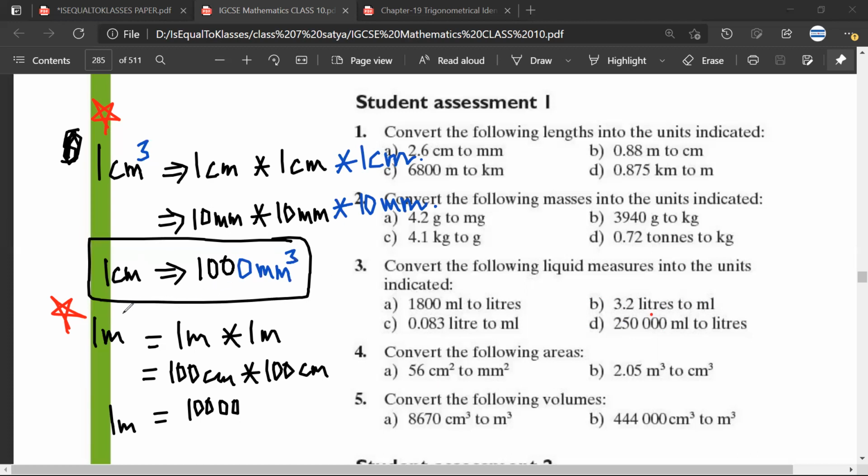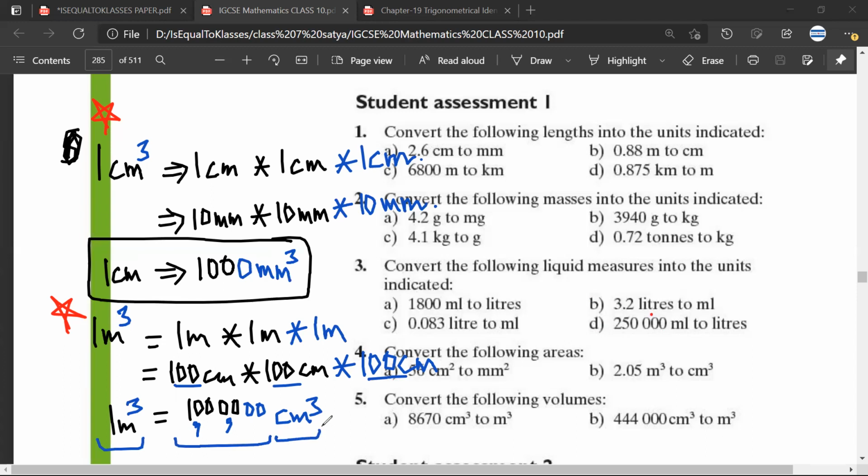Similarly, if I have 1 meter cube, 1 meter cube is 1 meter into 1 meter into 1 meter, which is equal to 100 centimeter into 100 centimeter into 100 centimeter, which is equal to 1 million centimeter cube. So 1 meter cube is equal to 1 million centimeter cube. Sarthak, any doubt?